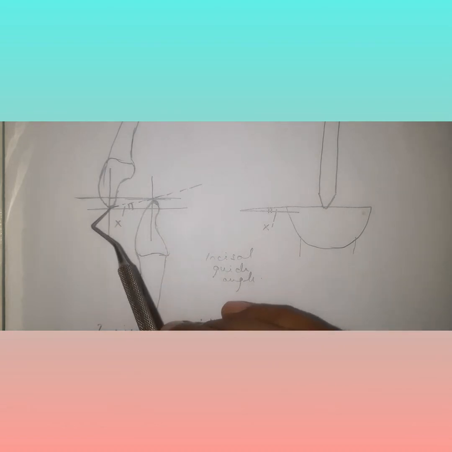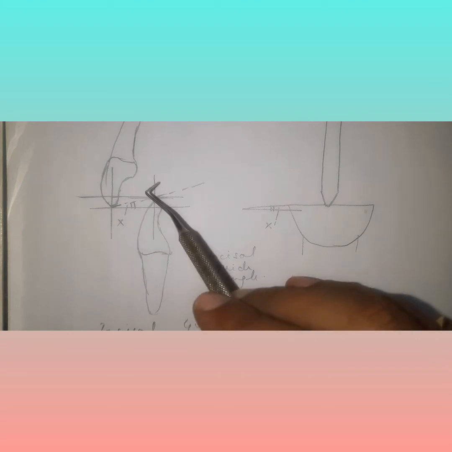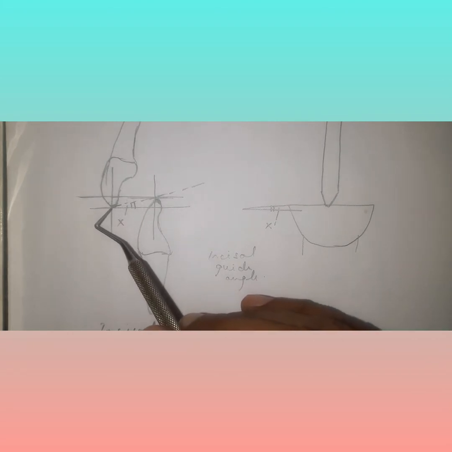So that will have a high inclination. You will have steeper cusps, and a steep occlusal plane or the compensatory curve will also be steep. So if this angle is more, you will have steeper inclination of the teeth, and also the compensating curve where the teeth are arranged will be very steep.